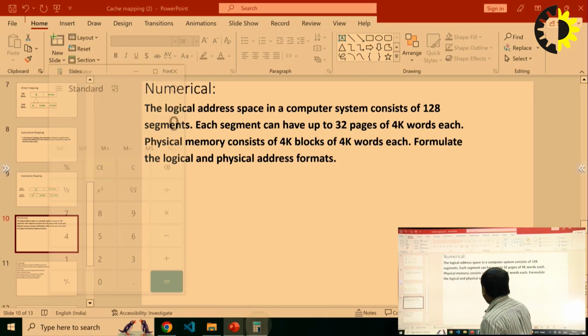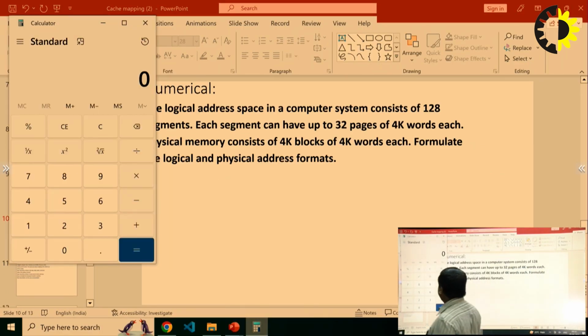What is the 32 number of blocks? 4096 divided by 32. It means 128 number of blocks.